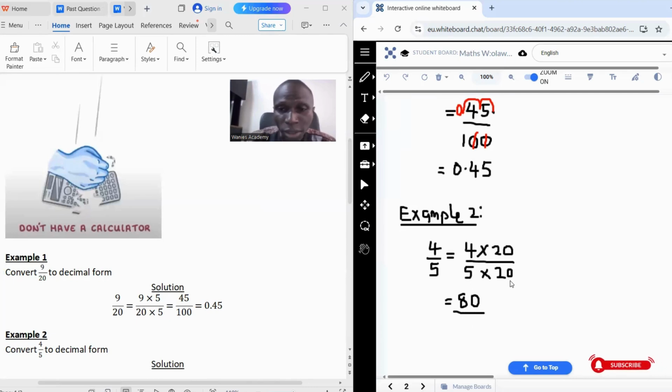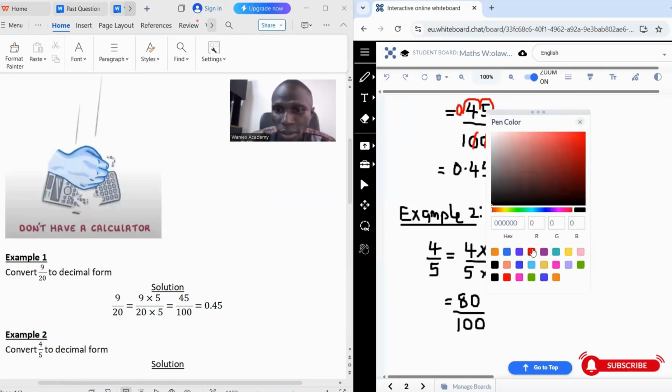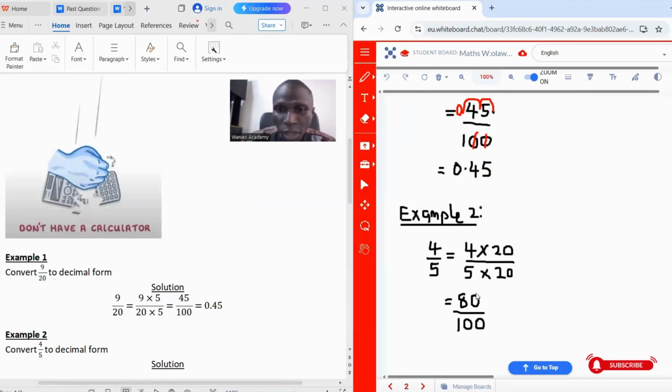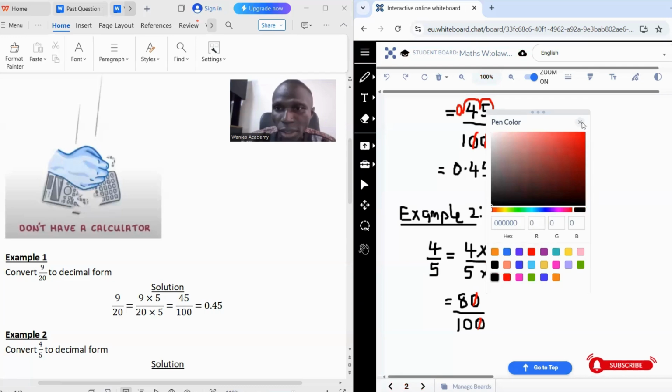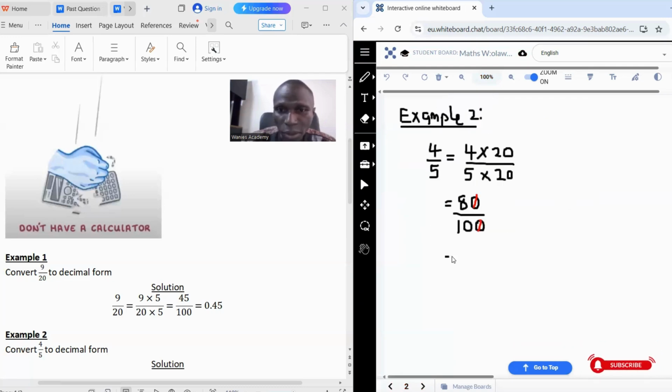Then 5 times 20 gives us 100. So we now have the denominator as a multiple of 10. Using our red ink, let's divide this. We have 0, 0 can take off 0. So we have 8/10 left, which you can convert easily to a decimal.